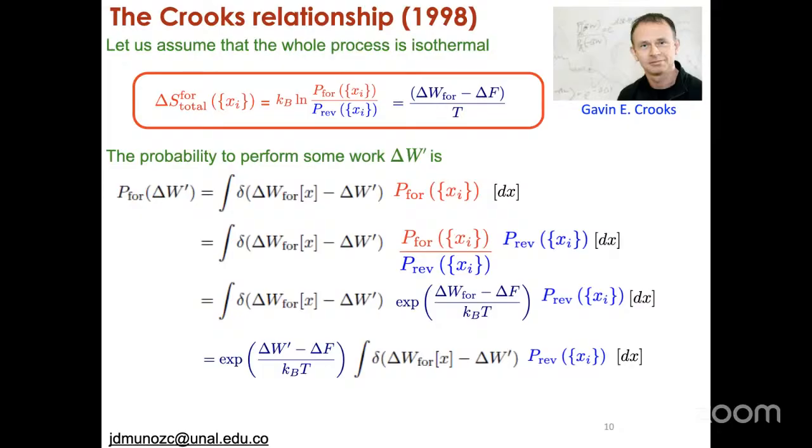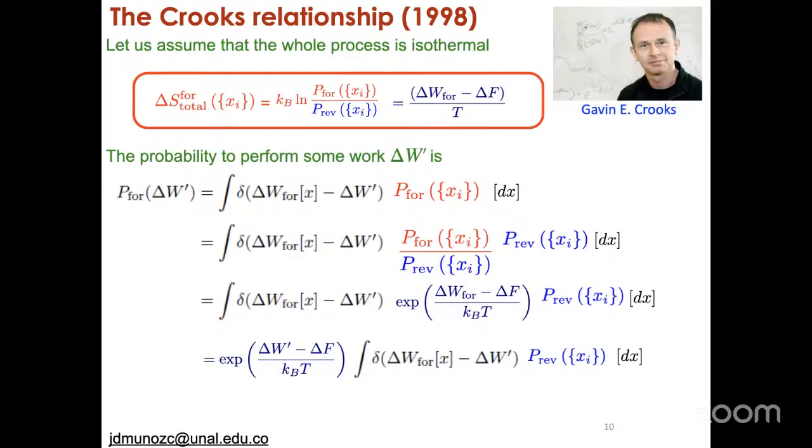It will be just to add the probabilities of each path, and only keep those that have exactly that amount of work. Then you can multiply and divide by the probability of the reverse protocol, identify that as the exponential of the entropy increment, and put it here. And because of the delta, you can take that away, and what you have is that one.